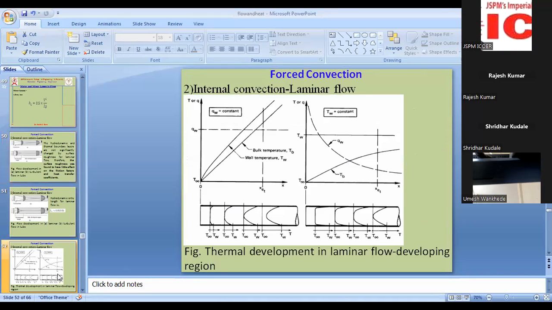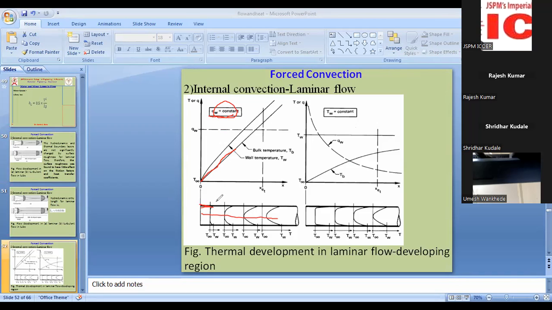Now we'll see the two types of boundary condition here. One for the laminar flow heat transfer: this is where the heat flux is constant. Here the bulk fluid temperature goes on increasing. As the fluid moves, its temperature goes on increasing because wall temperature is bigger than that.